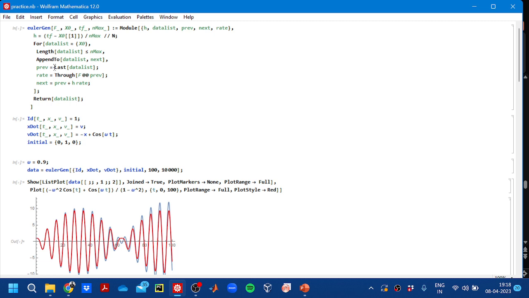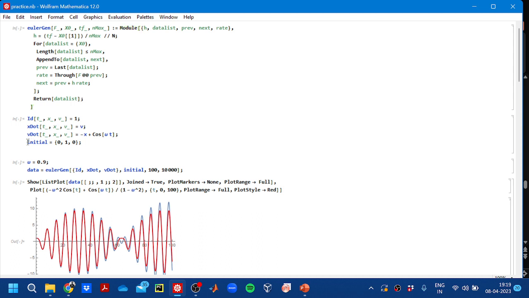And after that, this is our initial condition. This x0 will consist of three elements, because we are writing x as a matrix which has time, position and velocity. That is why it must have three elements.